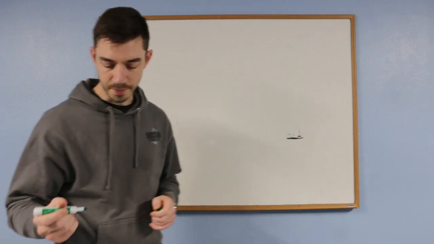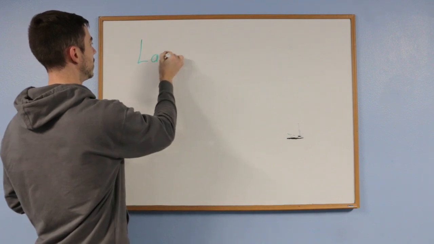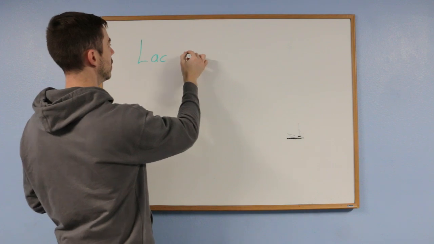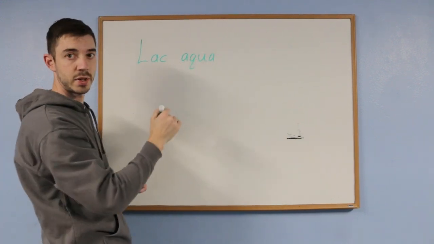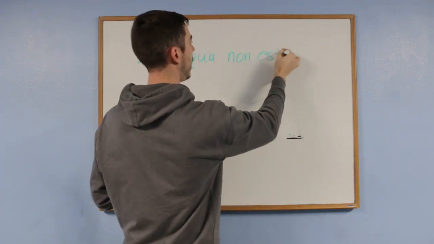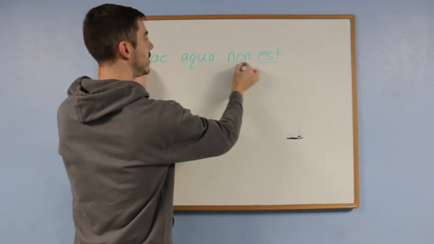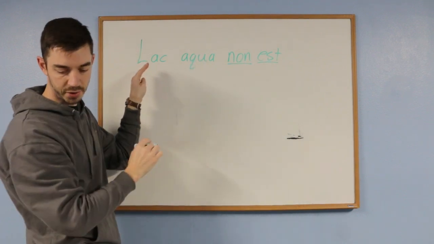So the first is, the milk is not water. So the milk is the subject, lac, and then aqua. So notice these are both nominative singular, and then non est. So the milk, it is not, so non est, it is not water.